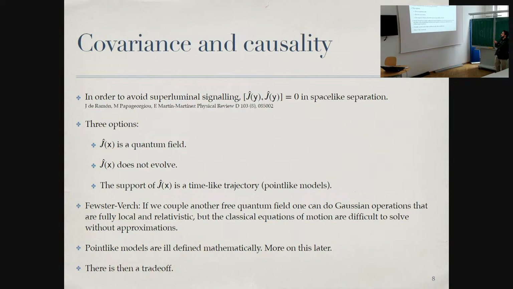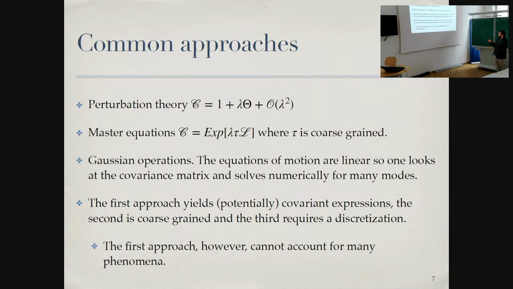1 hour. So let me talk a little bit also, because I've been talking about covariance and methods, but even for detector models, in which one calculates things like this, it may not be covariant.